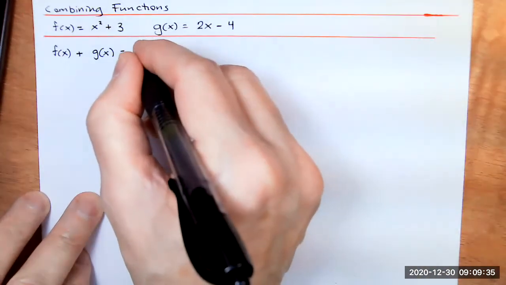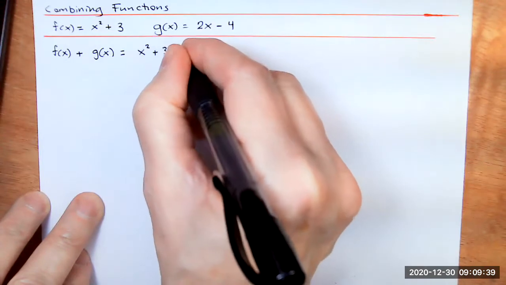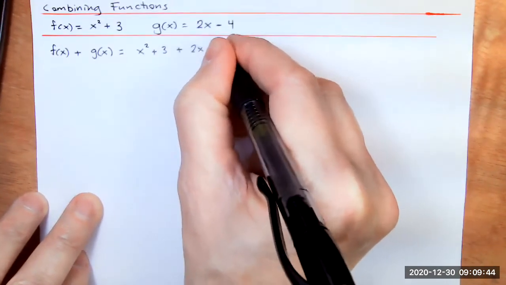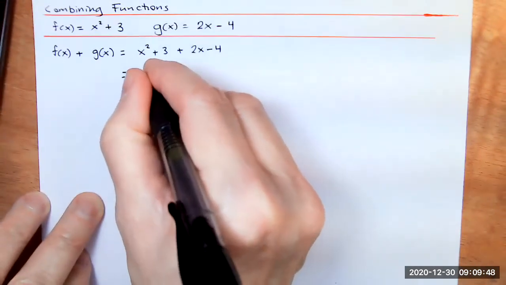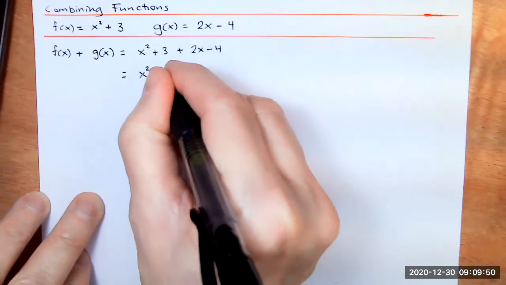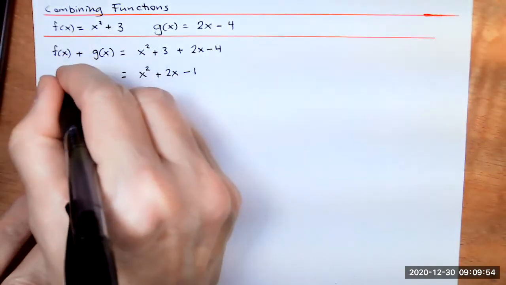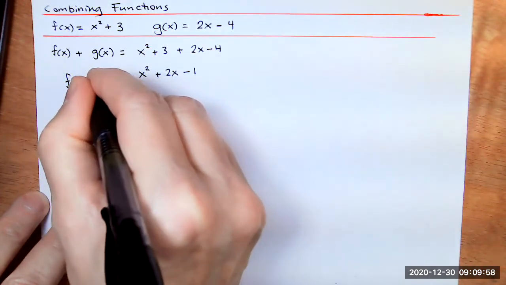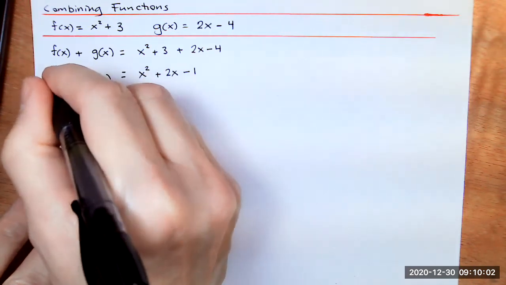Well, that's simply going to be x squared plus 3 plus 2x minus 4. You can also write this as f plus g of x.